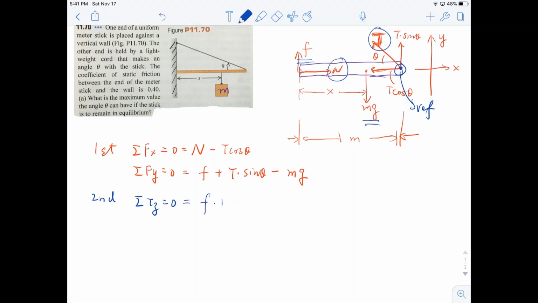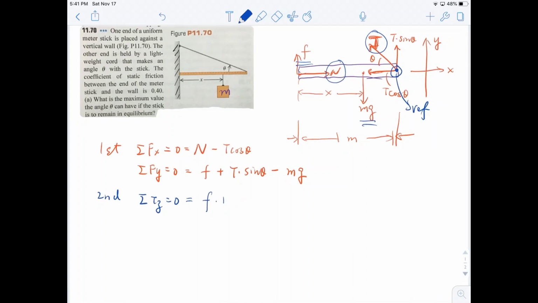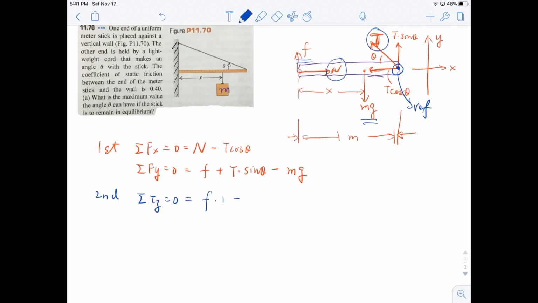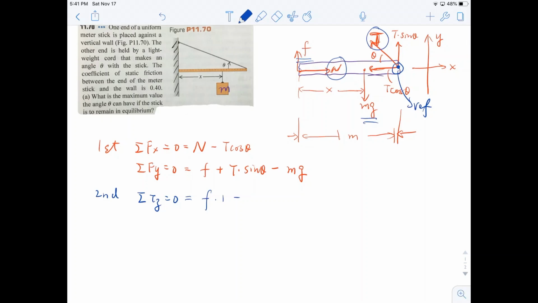And what about the weight? It's giving a clockwise torque, so we have a negative sign here, and we also need to calculate the lever arm. That will be 1 minus x. So times 1 minus x, that will be equal to 0.